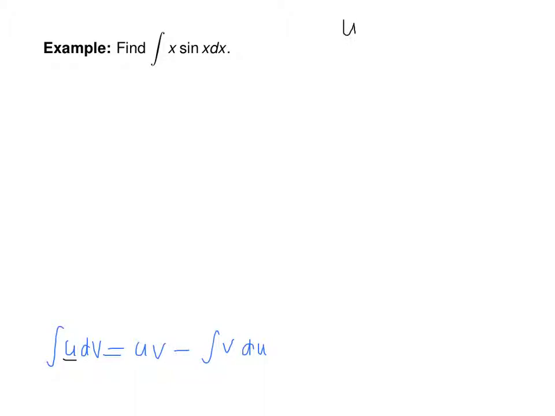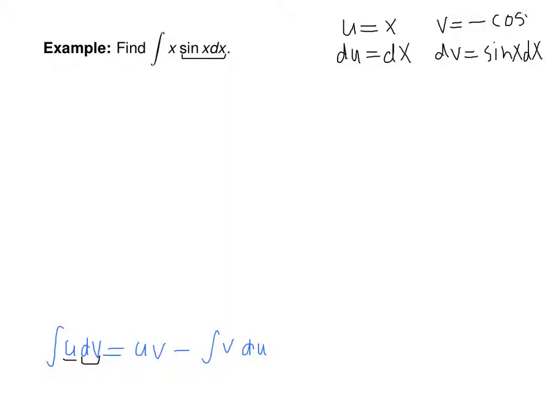So we will let u equal x, then du is the derivative of that, which will be dx. Now dv is the other component in the integral, so we'll choose dv to equal sine x dx. And to figure out what v is, you have to antidifferentiate that, and the antiderivative of sine is negative cosine x.